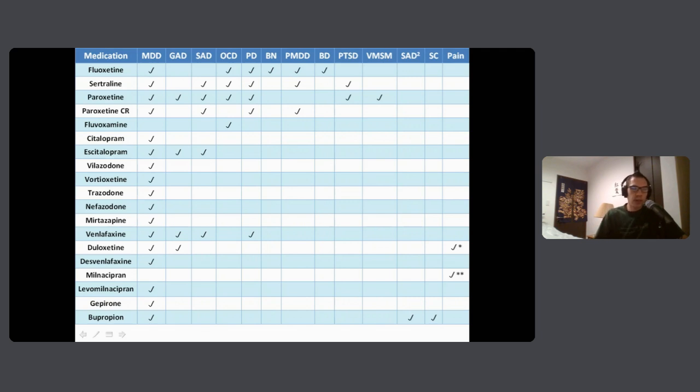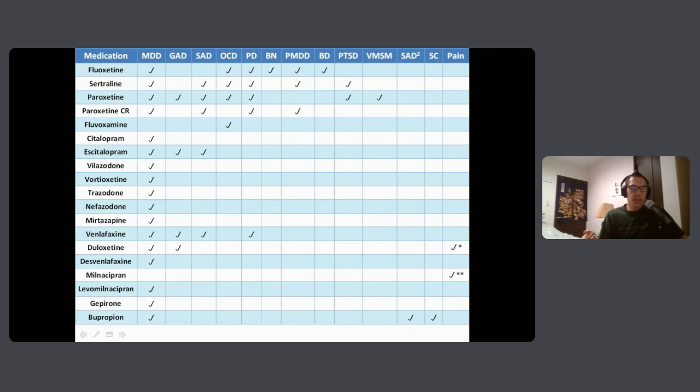Next, OCD, obsessive compulsive disorder, we've got fluoxetine, sertraline, paroxetine, and fluvoxamine. Already mentioned that one. Next, panic disorder. So we've got fluoxetine, sertraline, paroxetine, and paroxetine controlled release. Next, bulimia nervosa. Fluoxetine is the only med that is approved for bulimia nervosa.